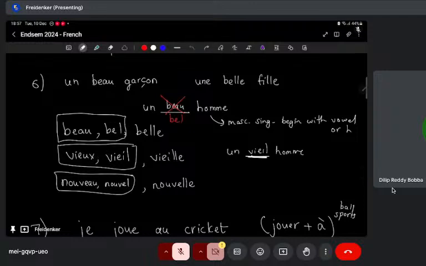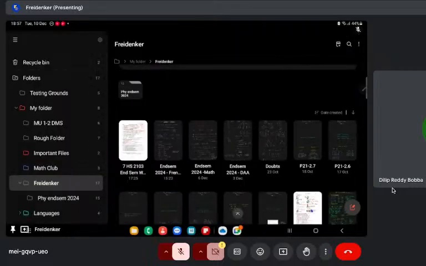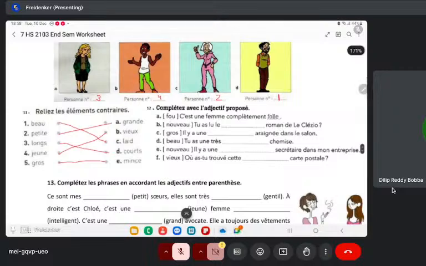There's one more word. Since they're using it, I'm telling you. Fou is mad, right? Fou becomes folle, and its feminine form is folle. So going back, just putting that there, because it appeared here. So I'm writing that. So the feminine form of fou is folle.